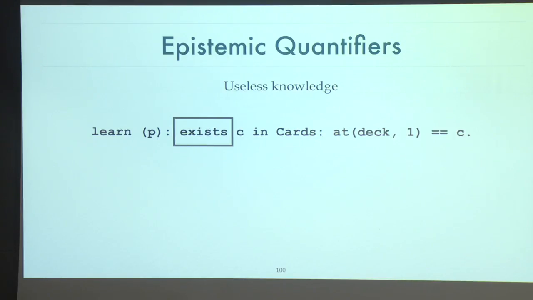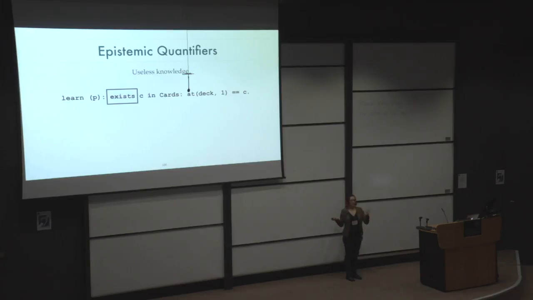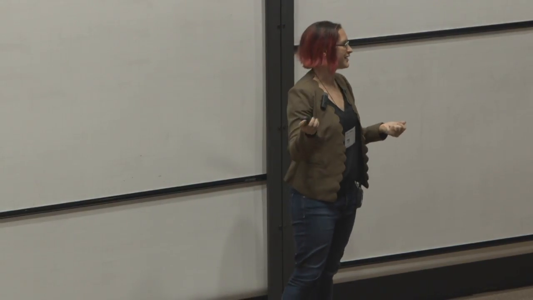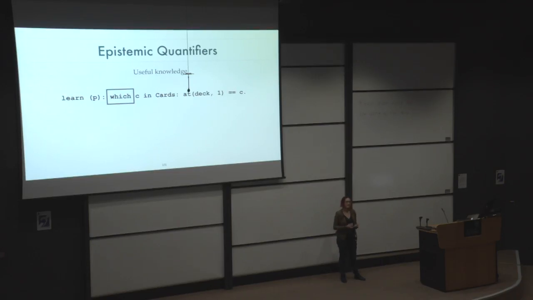If we were just to use the standard existential quantifier to try to figure out what card is at the top of a deck of cards, this would actually be completely useless knowledge. It's not useful for us to know that there exists a card at the top of the deck, because in the classical formulation, it doesn't provide a witness. We don't know which card it is, right? So we have a notion of epistemic quantifier. Again, this is expressible in terms of Baltag, which tells us specifically which C it is, which reveals the knowledge.